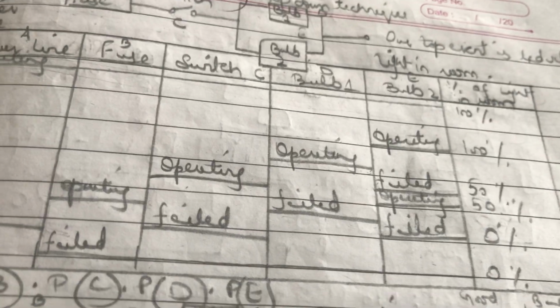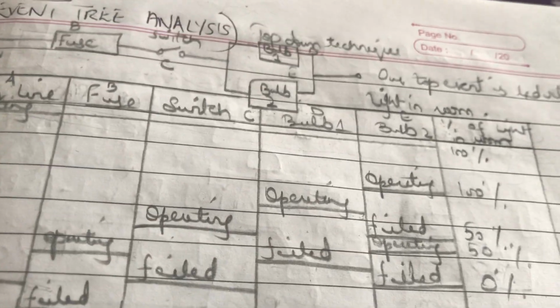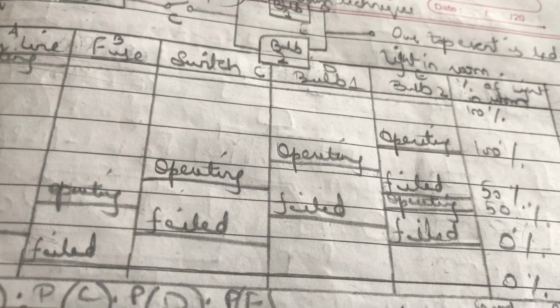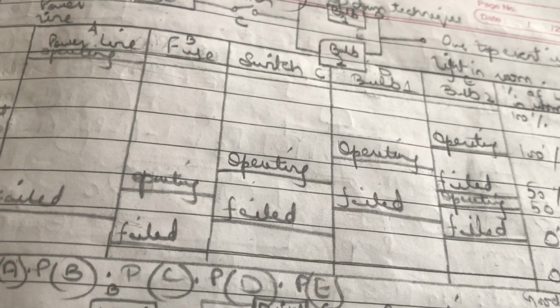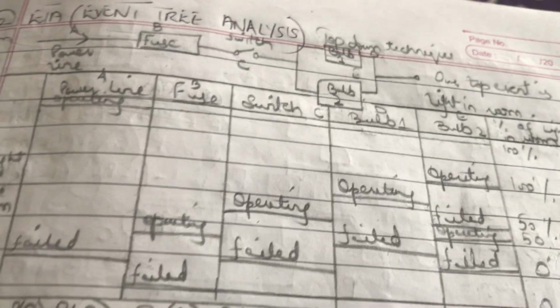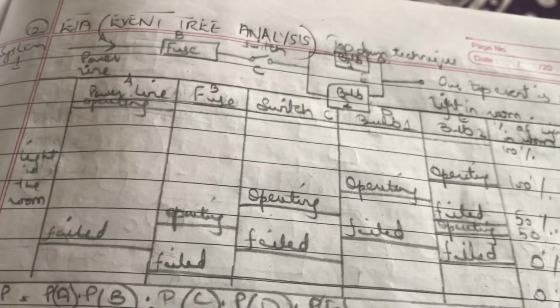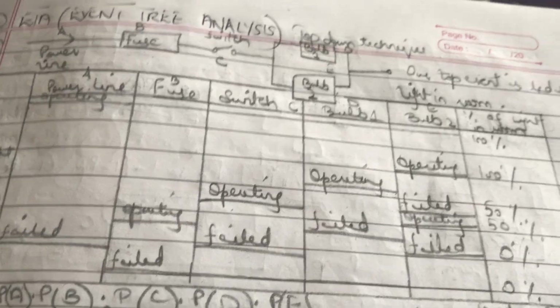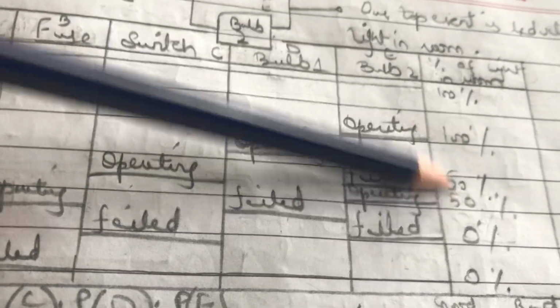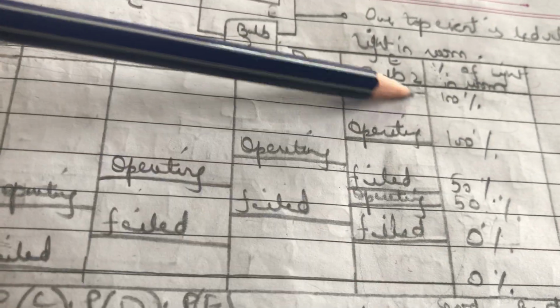Suppose we have 2 bulbs in the room. When bulb 1 is operating, bulb 2 can be operating or failed. And when one bulb is not operating, again bulb 2 can be operating or failed. So that's why it is represented this way.